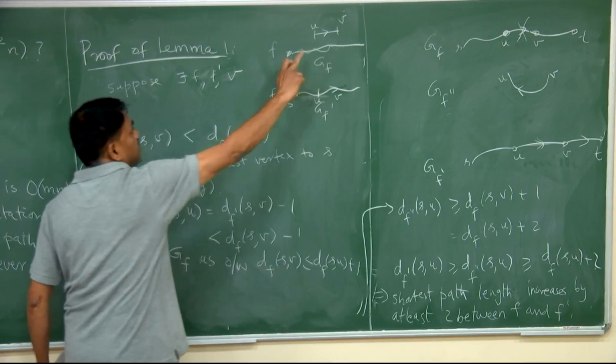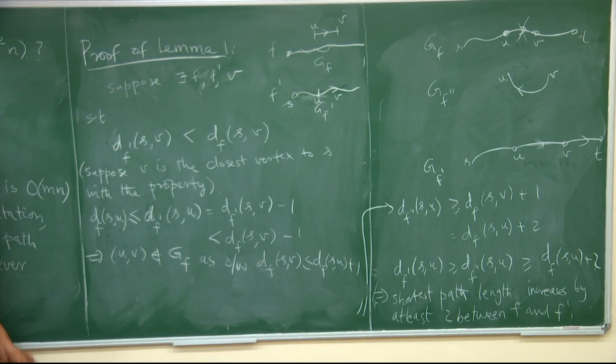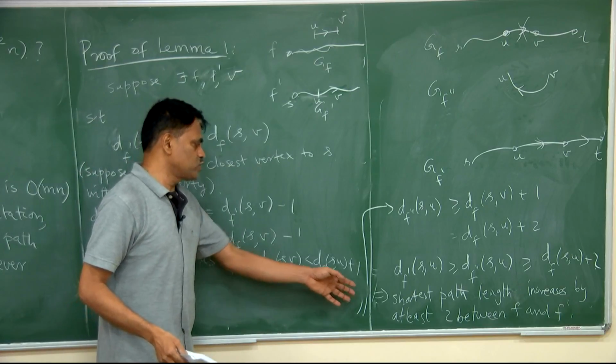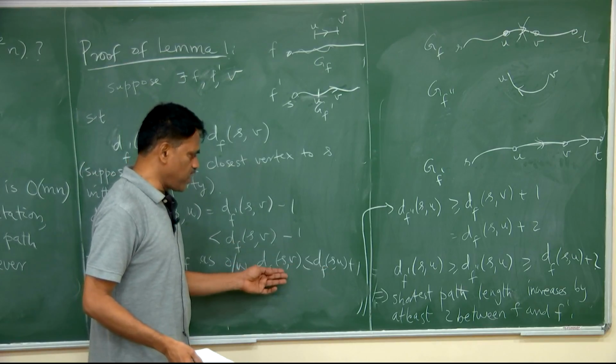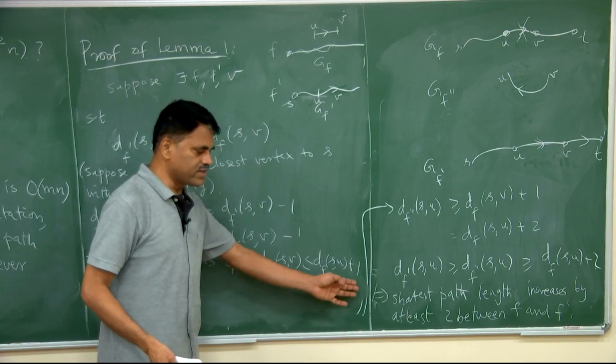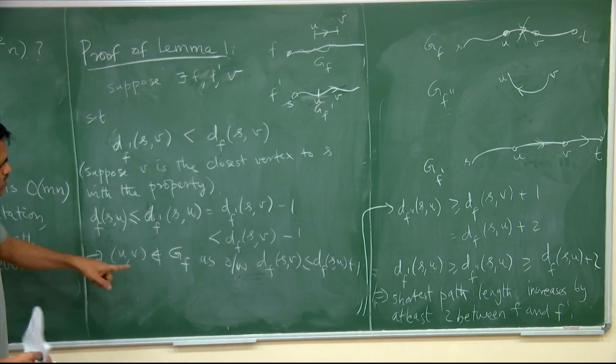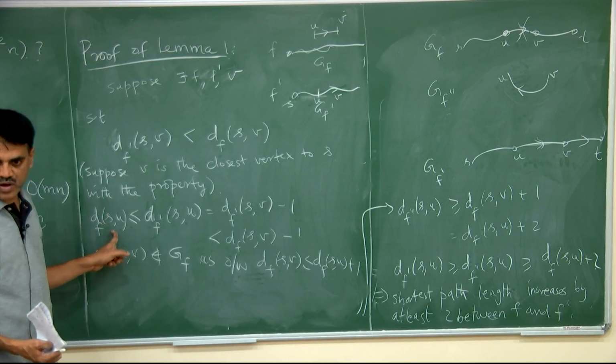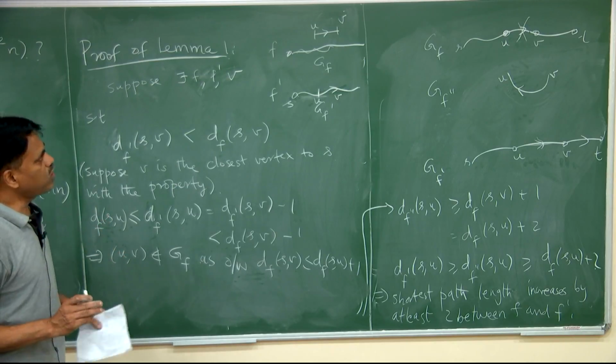If UV had been an edge in the residual network, one way to reach S to V is through U, so you can get to S to U plus 1. There may be other ways. So the shortest path from S to V in F would have been like this. But we just argued that dfsv is strictly greater than dfsu plus 1. Okay, so UV is not in GF.